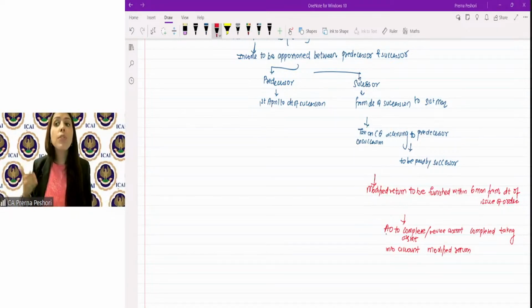So it will be counted as tax evasion. So you should file a revised return. Clear? Yes, Namrata, as I said, if you file the wrong ITR, then please consider revising the return. Okay, students? Yes?